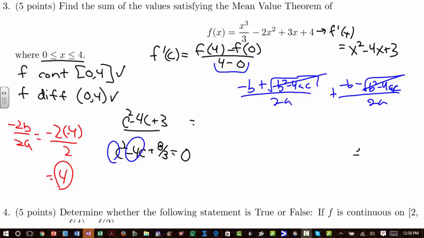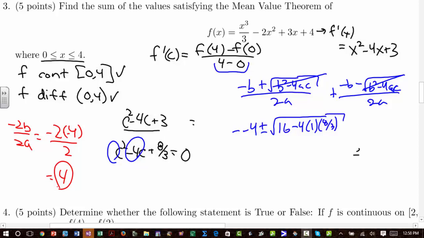Well, let's just take a quick look if we plug this in. Negative 4 plus or minus the square root of 16 minus 4 times 1 times 8/3, all over 2. This square root is going to be 16 minus 32/3.